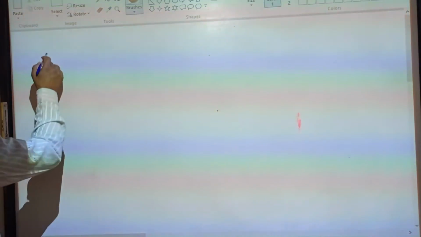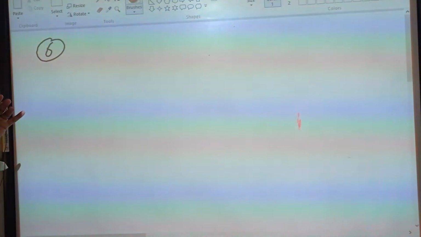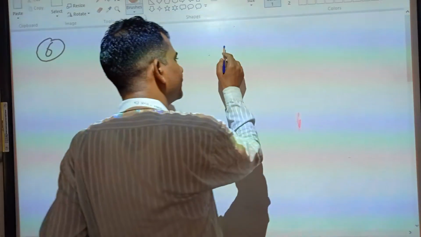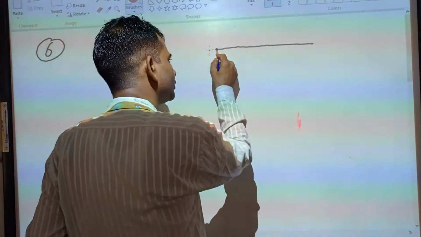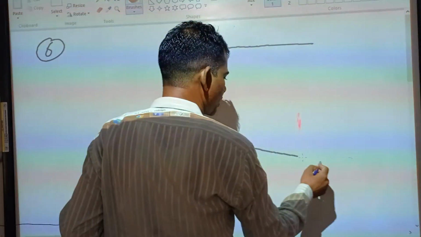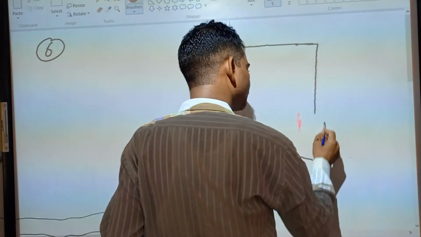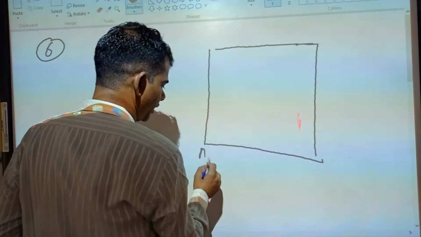Find the length of side of a square whose area is given. We have to find out the length of side of a square.